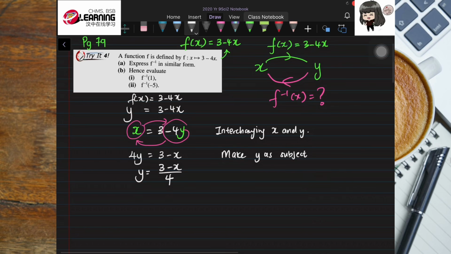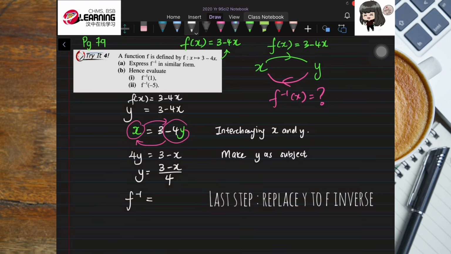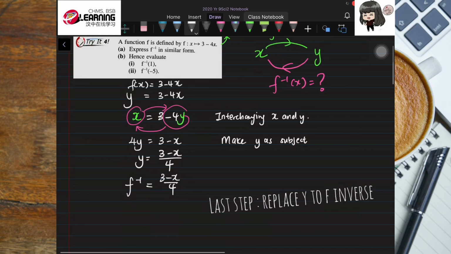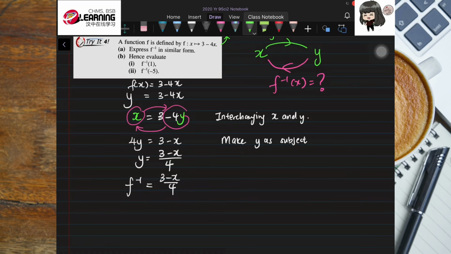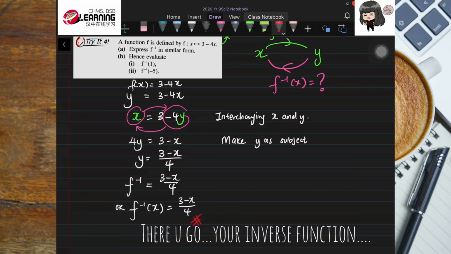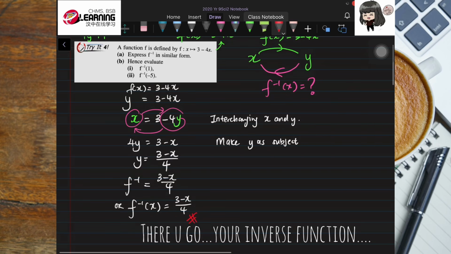So now your inverse function is 3 minus x over 4. You can write it as f inverse of x, or like this, also okay. So you have found your expression for the inverse.